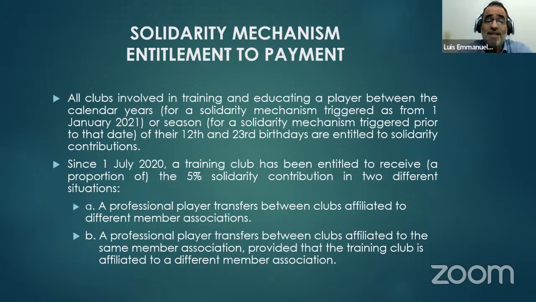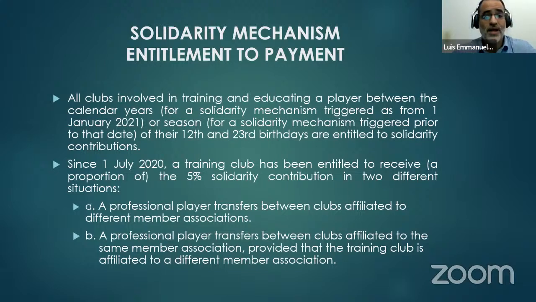In the event that the solidarity mechanism is triggered before January 1st, 2021, the criteria will change from calendar years to the season in which the player celebrates the relevant birthday. It will be seasons rather than calendar years if the event that triggers the solidarity mechanism happens before January 1st, 2021.